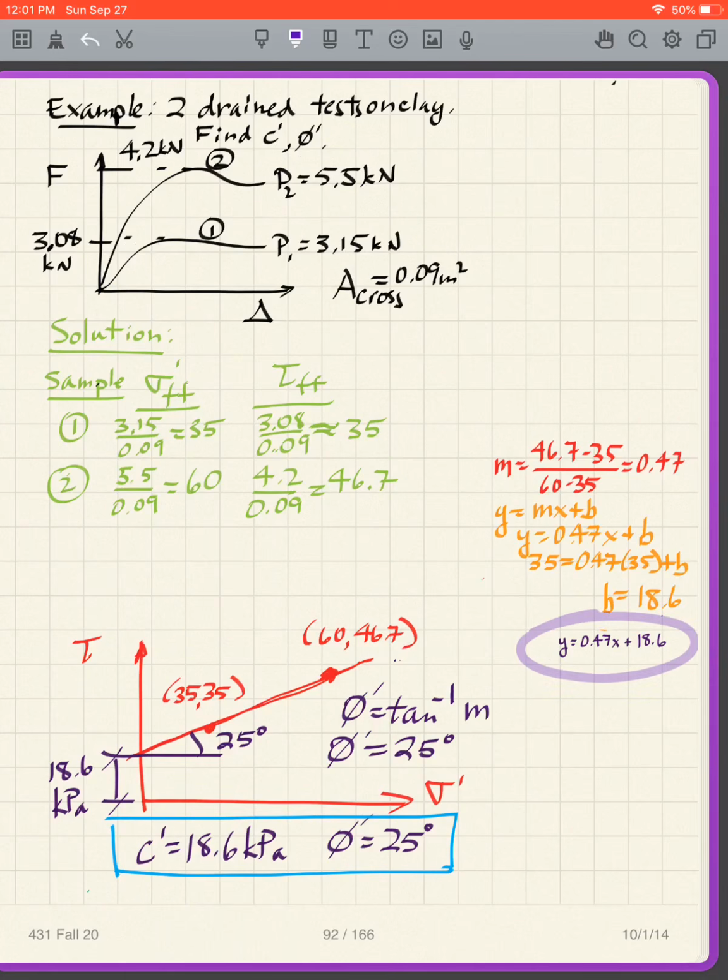So I get my expression for this line now, and then we know that the intercept b is the c prime, and the arctangent of the slope is the phi prime, which is 25 degrees. So two drained tests, pretty easy to get the c prime and phi prime.